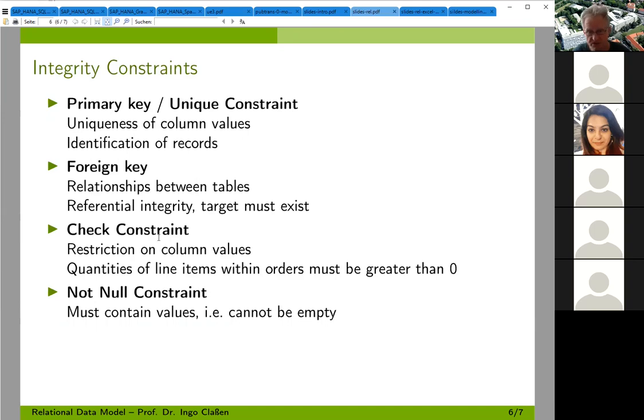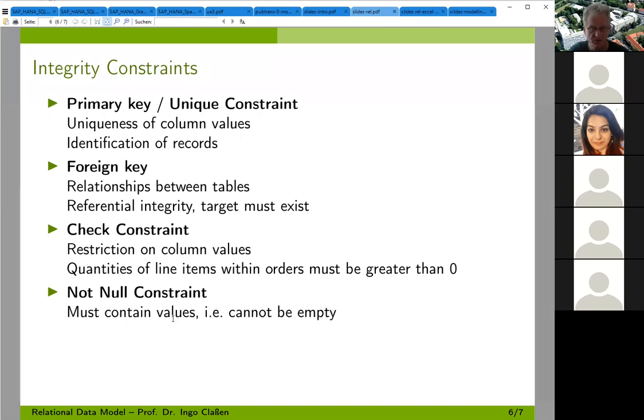So that's the foreign key. The check constraint is something that we haven't encountered yet. It allows you to provide restrictions on column values. So let's assume we have a table for line items of orders. You can order 1 line item or 2 or 3, but it doesn't make sense to order 0 things. Then you will not have that item on your order.